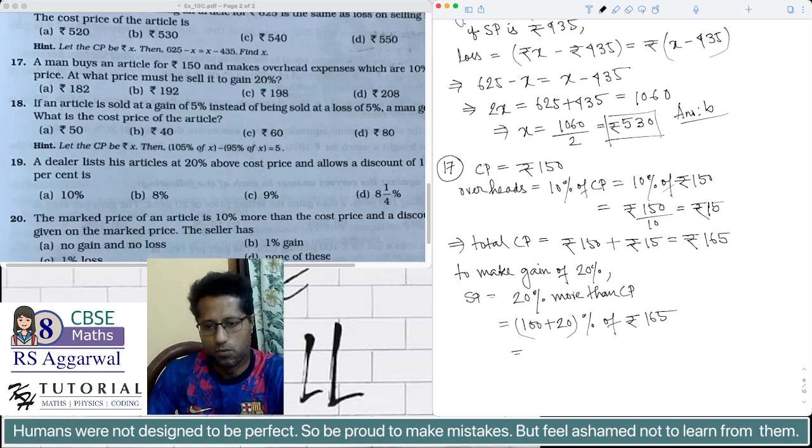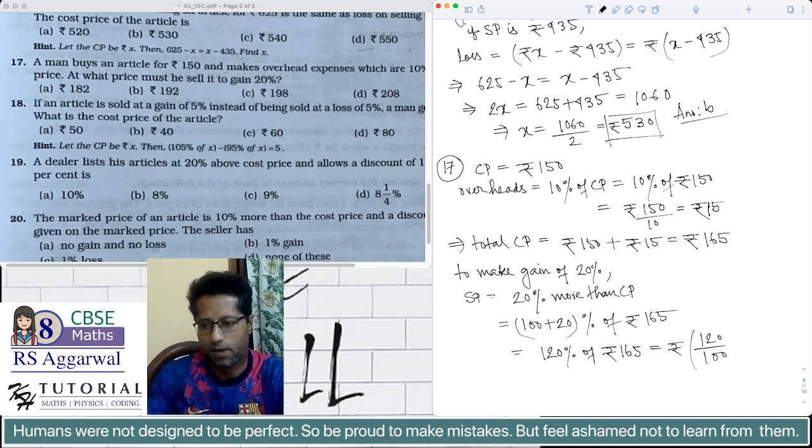So this is equal to 120% of rupees 165. 120% means 120 by 100, and we multiply by 165.